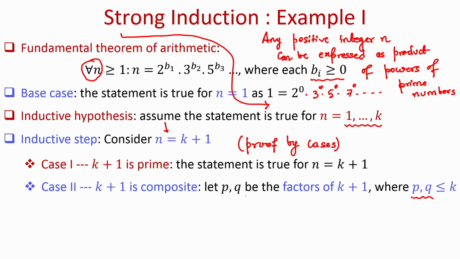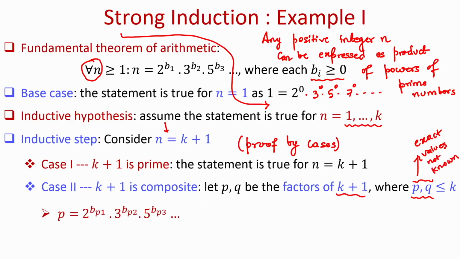Since it is a composite number, its factors will be definitely less than or equal to k. But I do not know the exact values of p and q. I just know that factors p and q exist, the exact values not known, but I know the range of p and q, because k plus 1 is an arbitrary integer here.